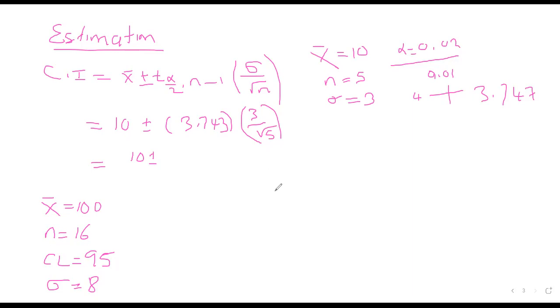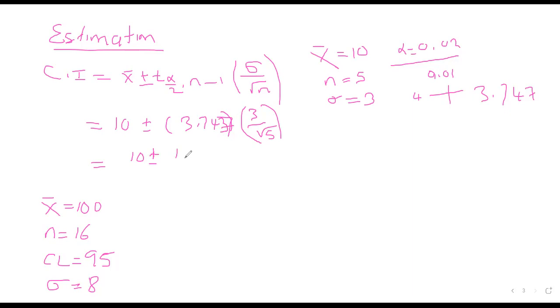Isn't our confidence interval 3.747? Okay, 2.7. Our final answer is 15, including the 10.